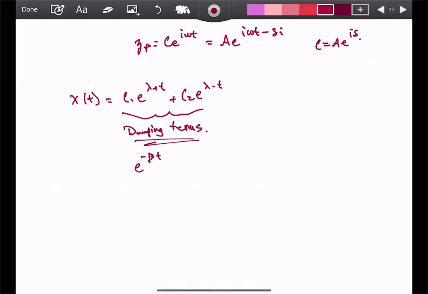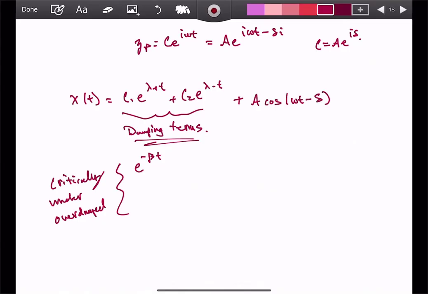So these two terms go just simply that way. And then whether it is critically damped, underdamped, or overdamped, they all go basically exactly the same way, right? And then we're going to get this plus. In this case, we're going to take the real part of that, which is going to give me an A cosine of omega t minus delta.